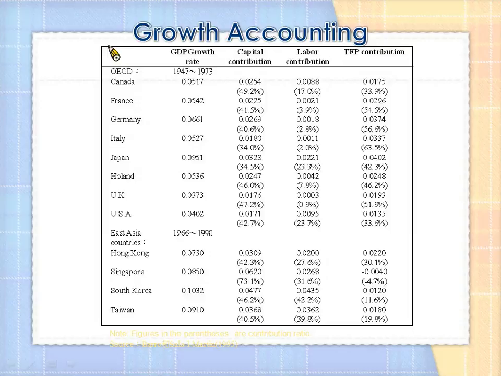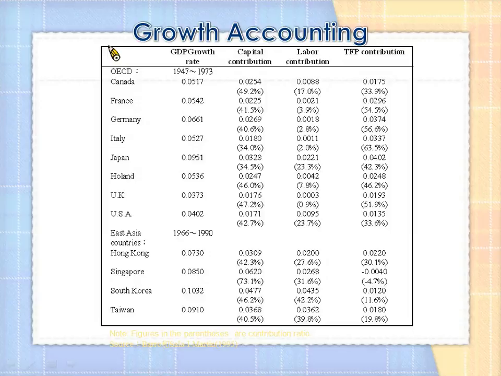For Singapore, it can be up to 73%, and for Taiwan, Korea and Hong Kong, it's over 40% that can be attributed to capital accumulation, and labor somewhere about 20 to 30%. So if you add these two together, over three quarters of the GDP growth came from capital and labor.